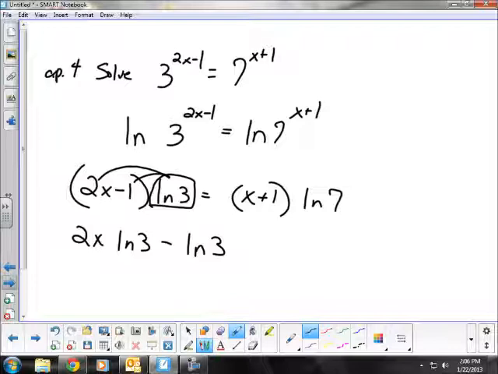Everybody see it? Let's do the 2x times the ln of 3 and the 1 times the ln of 3. Then I got to do the same thing on the other side. So I've got x times the ln of 7 plus the ln of 7.